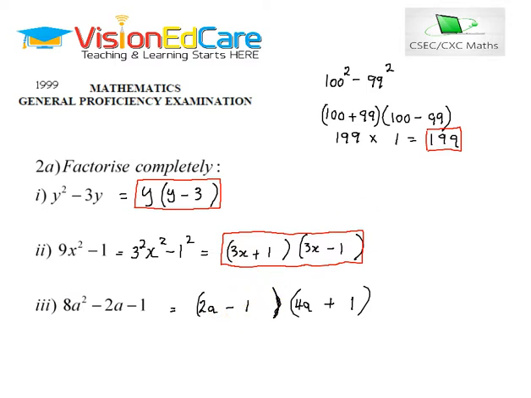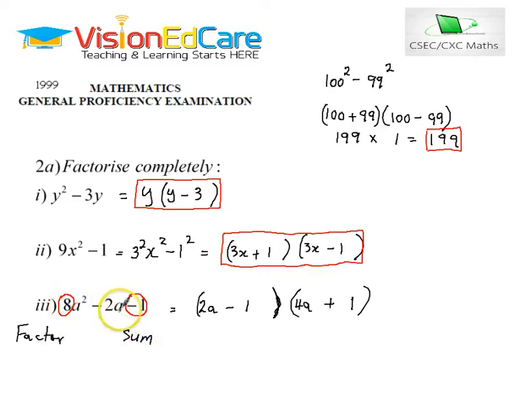What you need to do is look at the expression, and identify the coefficient of a squared here, which is 8, and also identify the constant, which is minus 1. And what you do, you multiply them. What you really want is to find factors of that product, and you want a sum as well.